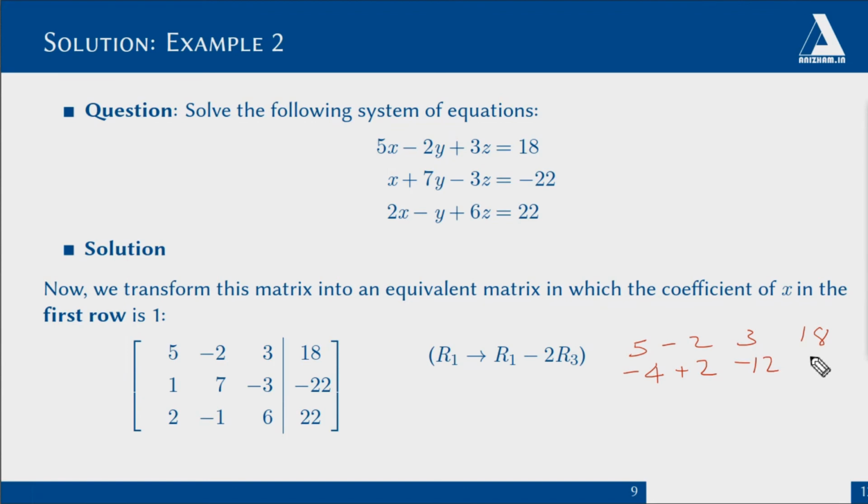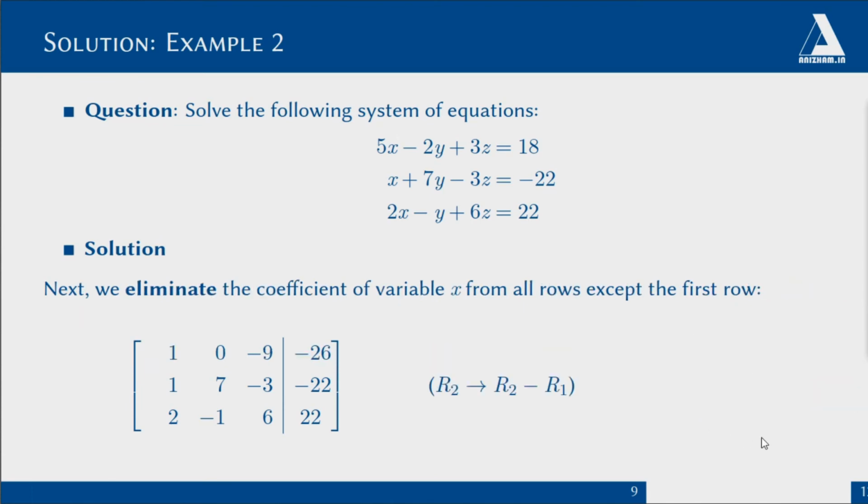Here it is minus 44. Now if we add, this is 1, this is 0, this is minus 9 and this is minus 26. So we replace the first row with these values, 1, 0, minus 9 and minus 26.